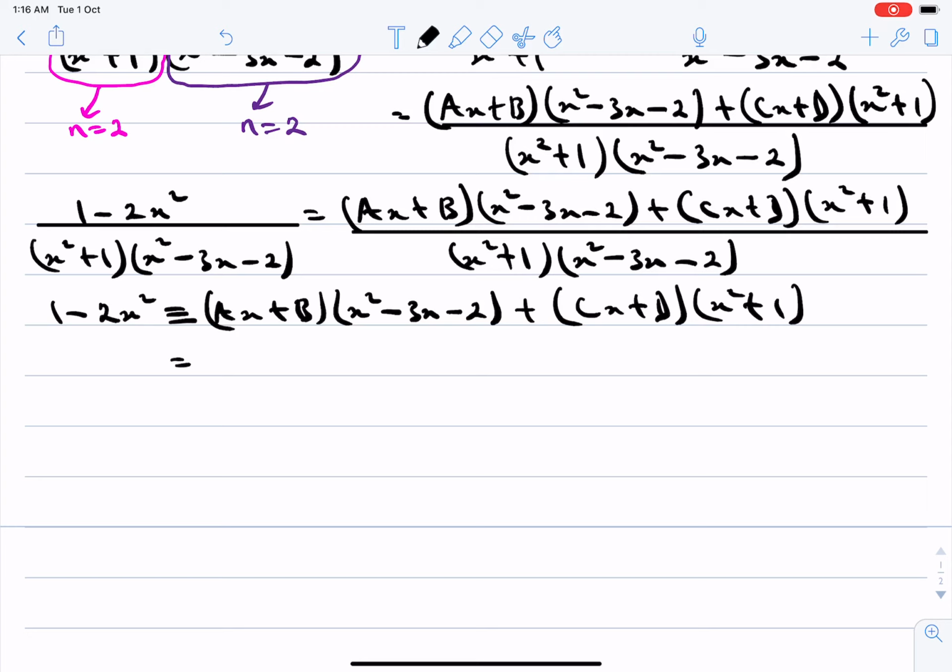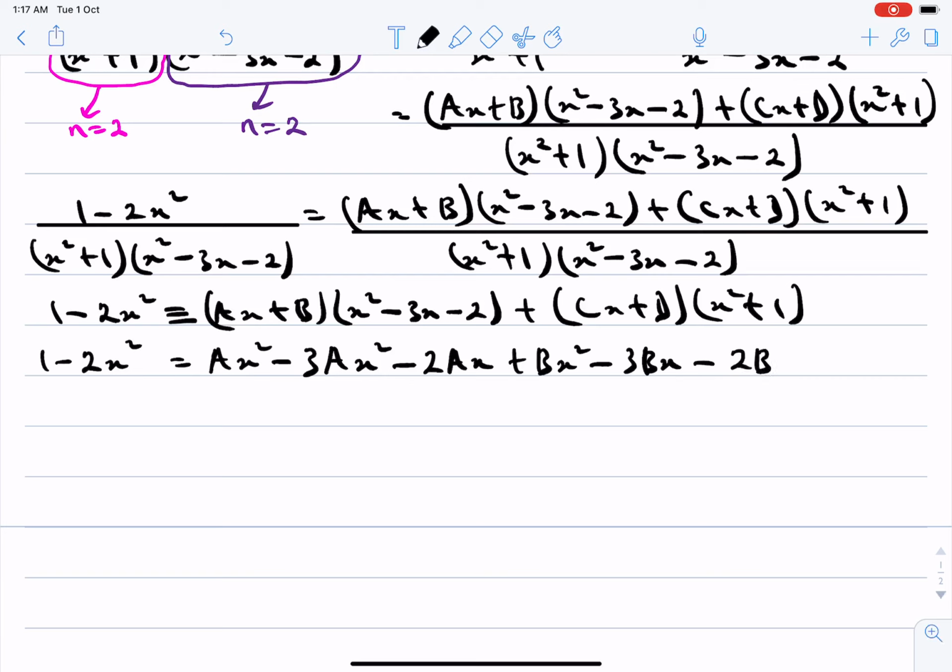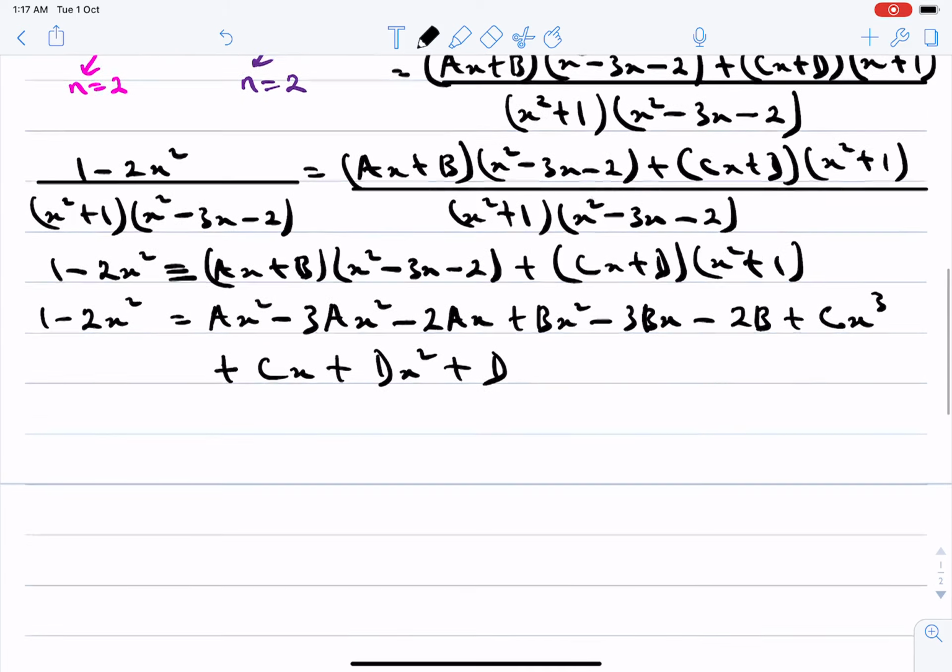This simply means 1 minus 2x squared is equal to ax cubed minus 3ax squared minus 2ax plus bx squared minus 3bx minus 2b plus cx cubed plus cx plus dx squared plus d.